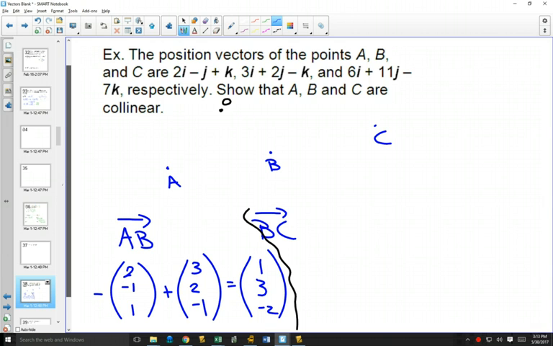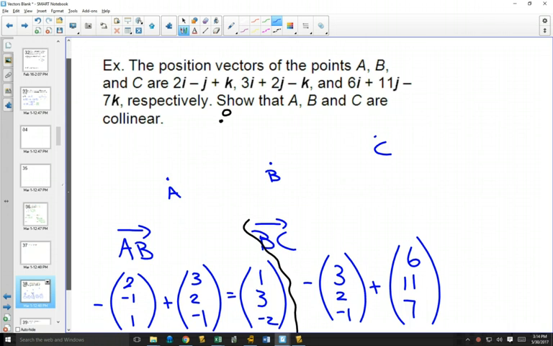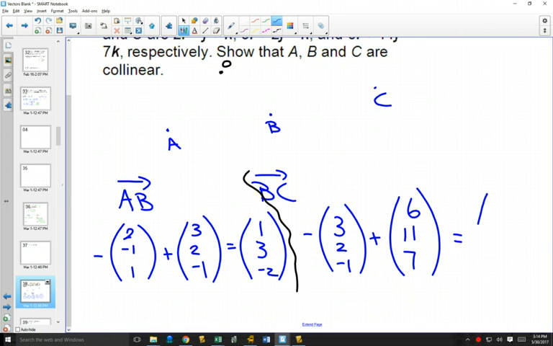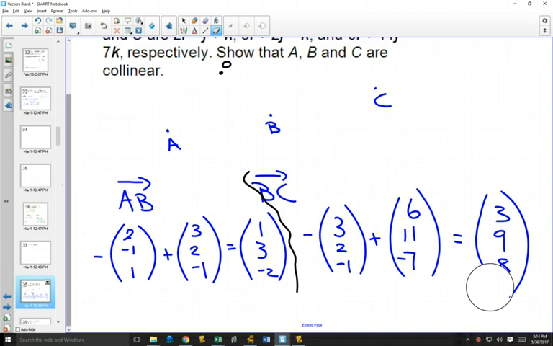B to C would be negative B plus C. And figuring that out, we'll get 3, 9, 8. Did I write those things? No, this was a minus 7, so that'll be negative 6.